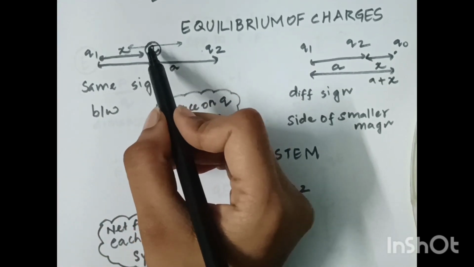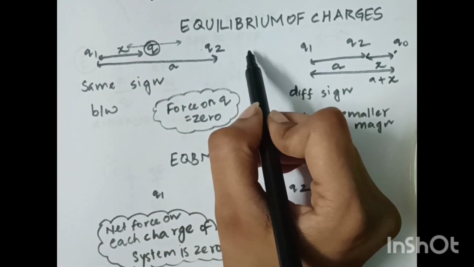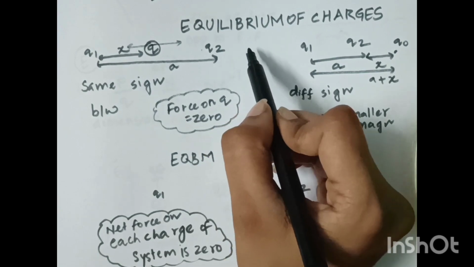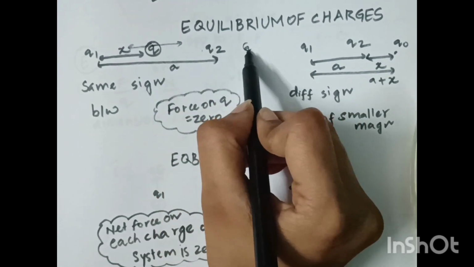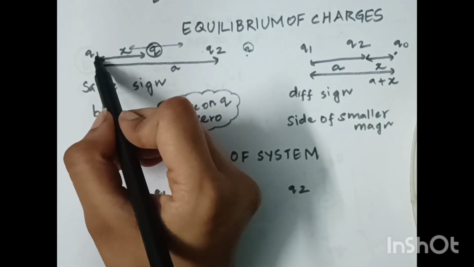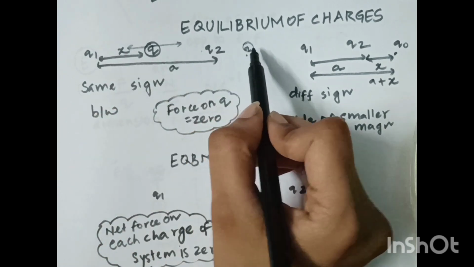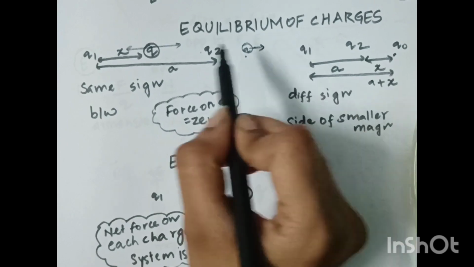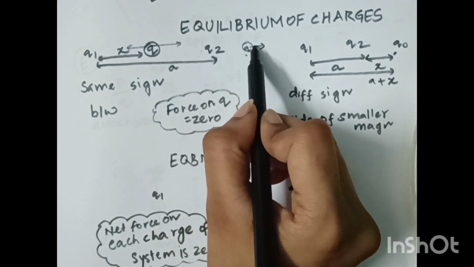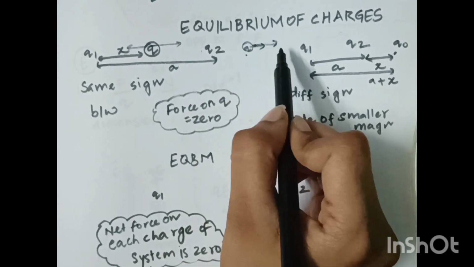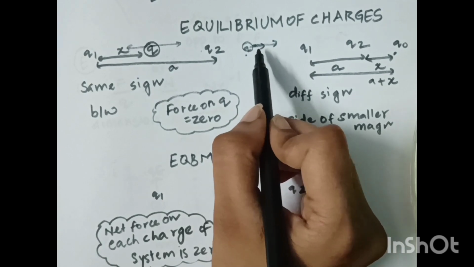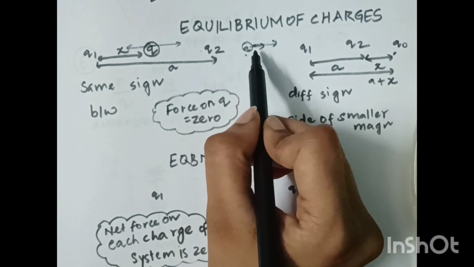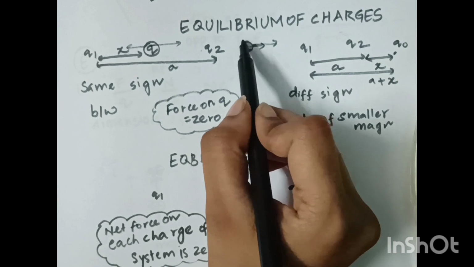If we take q somewhere outside, because of q1 it will be repelled, so the force will be in this direction, to the right side, and because of q2, again the force will be in this direction. So the forces are not in opposite directions. Only if they are in opposite directions can they cancel each other and the net force on q be 0.